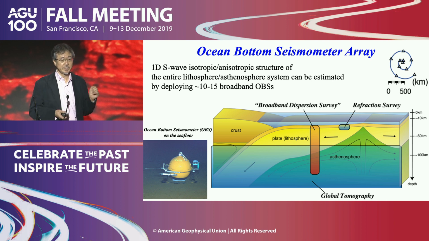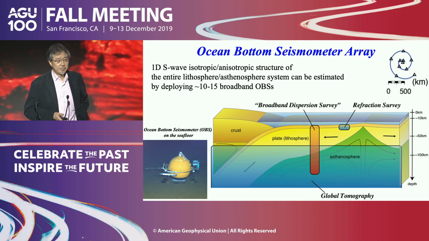which cover a wide frequency band. Ocean bottom seismology is now at the stage where having 10 or 15 ocean bottom seismometers for a year or two enables us to resolve the suboceanic structure from the surface to the asthenospheric depth range down to 220 kilometers or 50 kilometers.